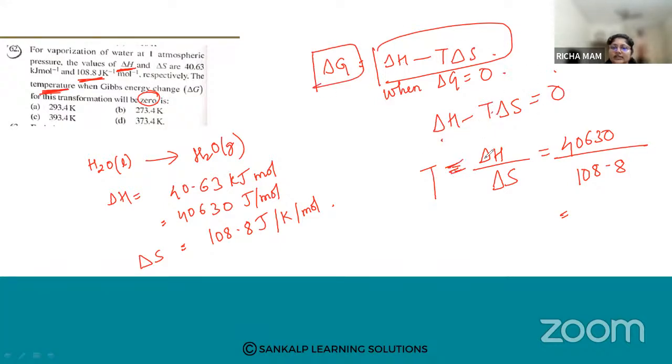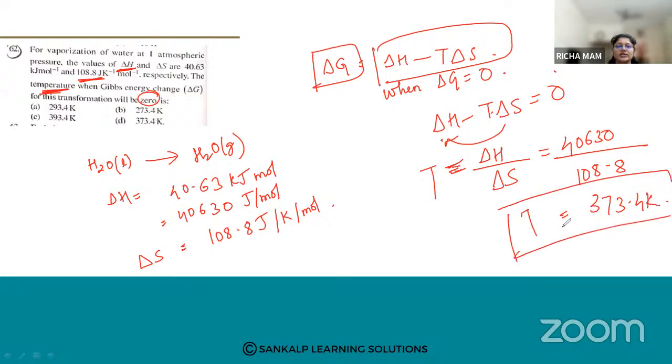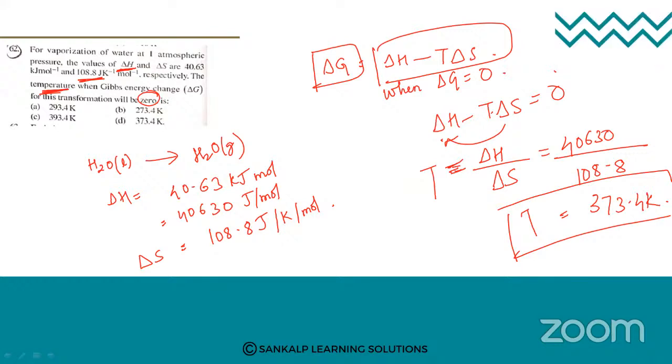So T, take it this side, and it will be delta H upon delta S. From this equation we will get the answer. What I am getting is 373.4 Kelvin. Temperature is 373.4 Kelvin.